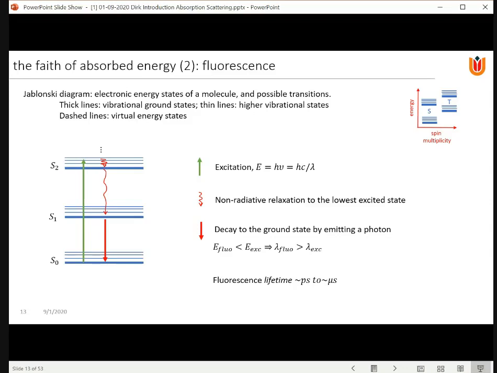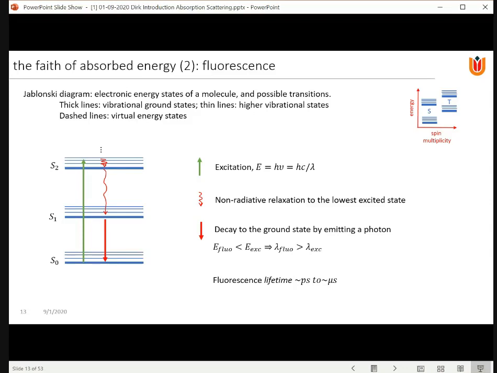The energy of the fluorescent photon is less than the energy of the excitation photon, and because of this inverse relationship between wavelength and energy, the fluorescent photon will have a longer wavelength than the excitation photon. So basically, you shine in, let's say, blue light, and you get back red light.